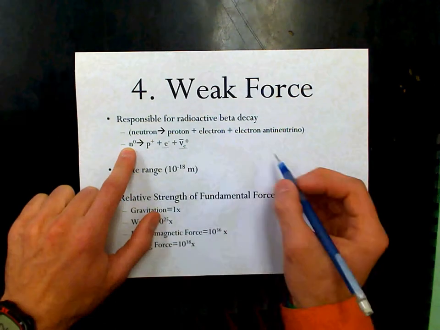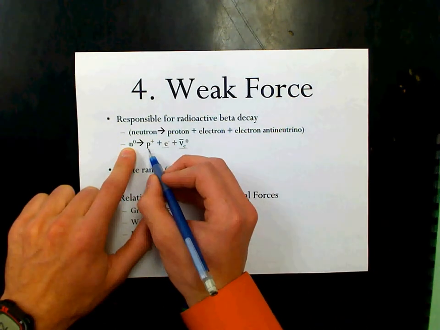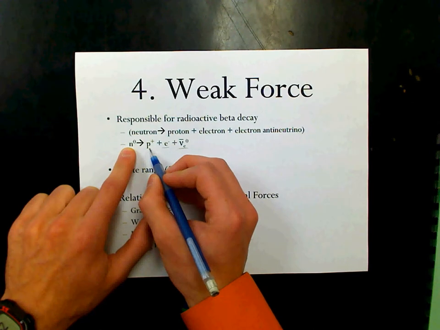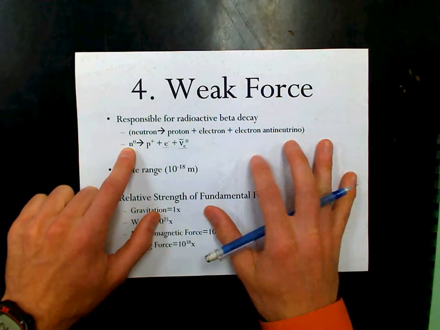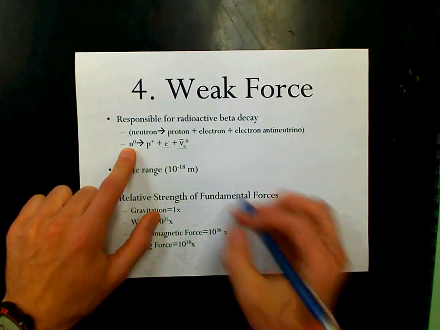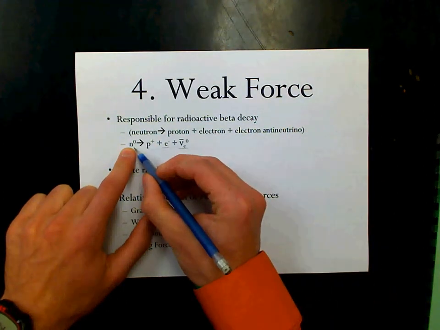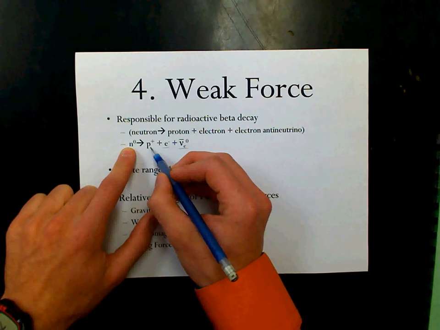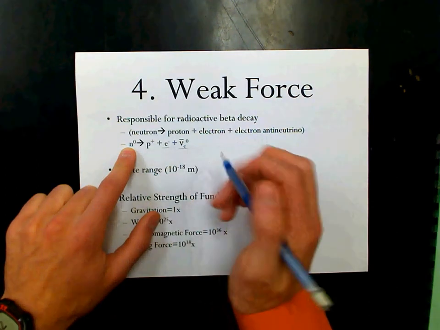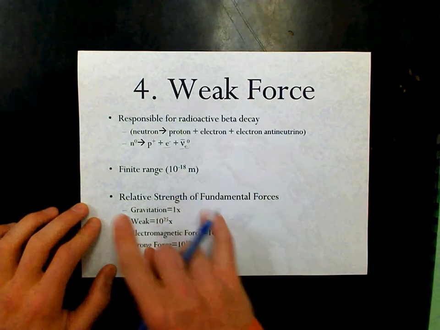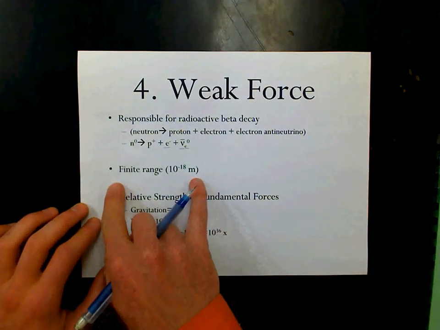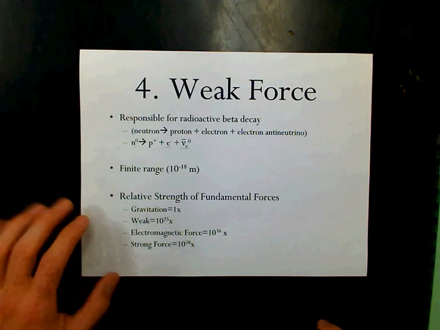It means that the neutron is actually slightly greater in mass than the proton. So that's important. That's a question that you'll see on the Regents. A neutron has a larger mass than a proton, only by a little bit, but it does. Again, same as the strong force, the weak force has a finite range. This is actually smaller than the range of the strong force.